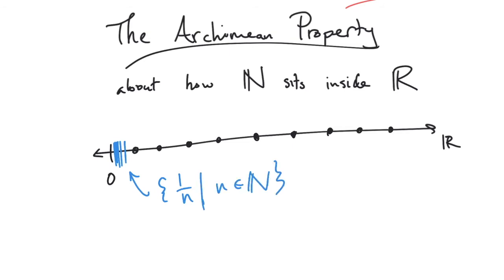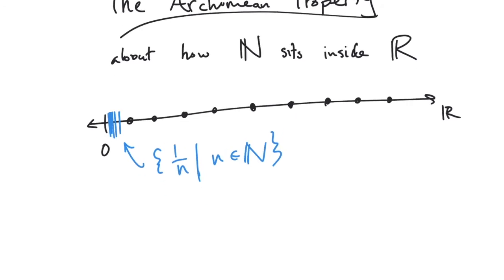So there's going to be two forms of the Archimedean property. There's the big version, which tells you about where the natural numbers go inside the real numbers. And then there's the small version, which tells you about fractions of the form 1 over n. And they all kind of are stacked up by the 0 there, all right? This is the idea behind what the Archimedean property is going to say. It's trying to express those two ideas.